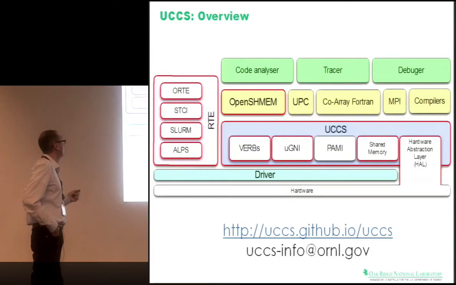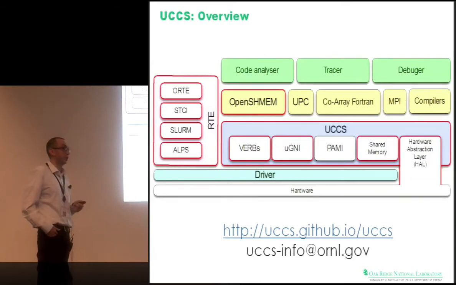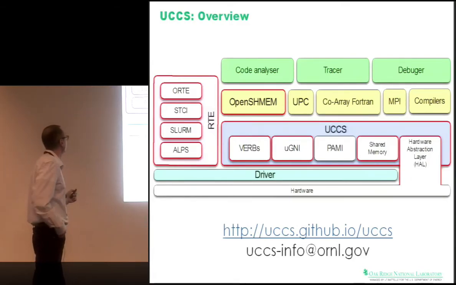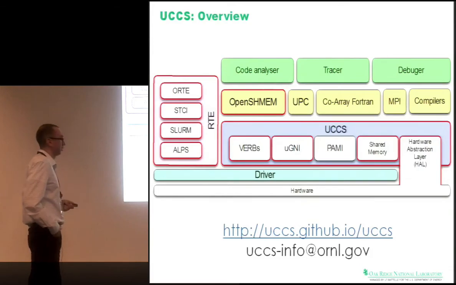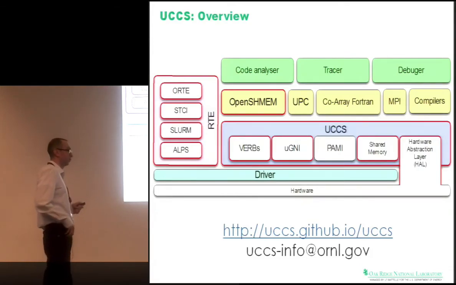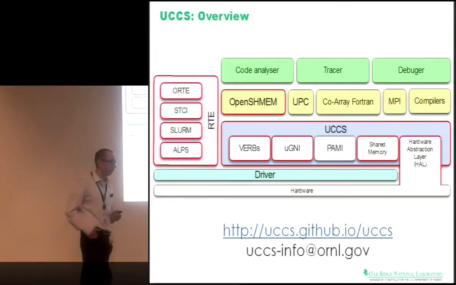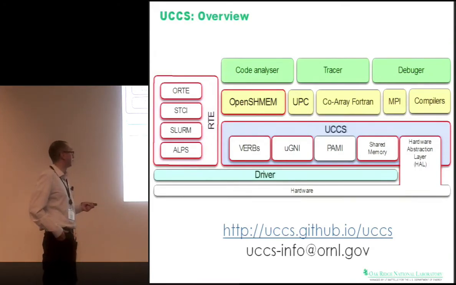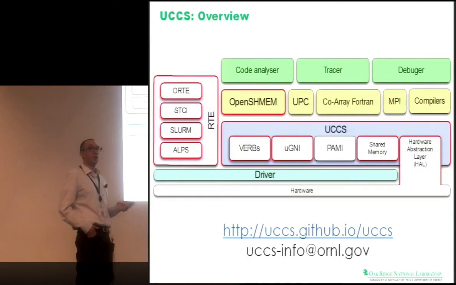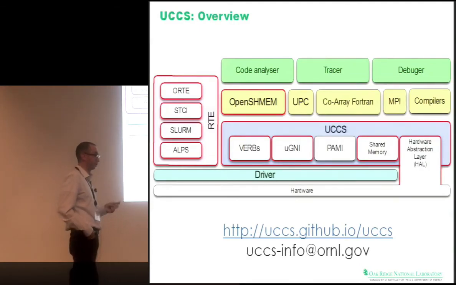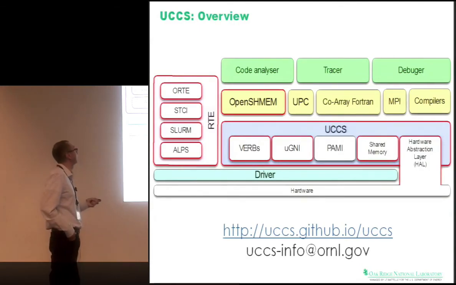This is a very thin layer, and under it we use ALPS, the Cray runtime environment, Slurm, Sticky, which is an internal Oak Ridge runtime environment, or ORTE, the runtime environment from the OpenMPI community. You may find much more information about the project on the website. We also have a mailing list. If you have any questions, feel free to send them to the mail address.